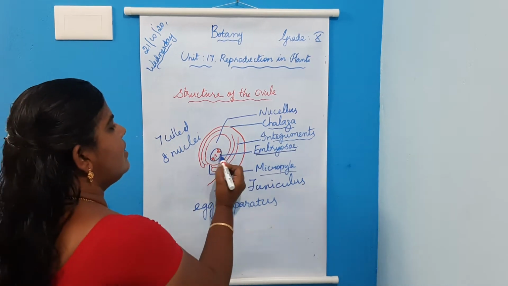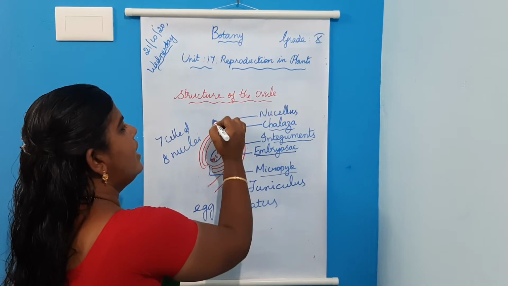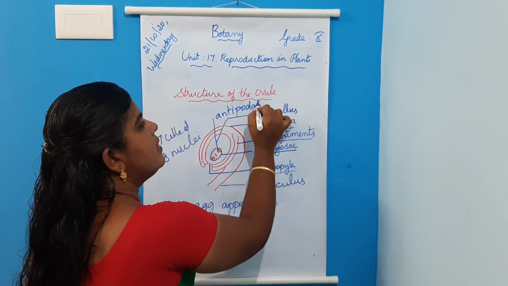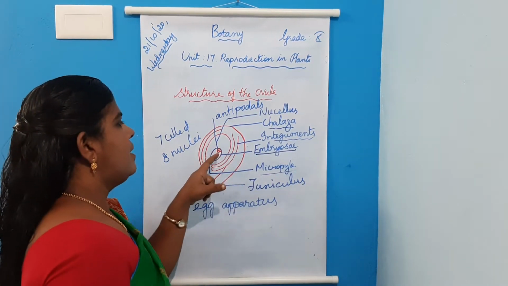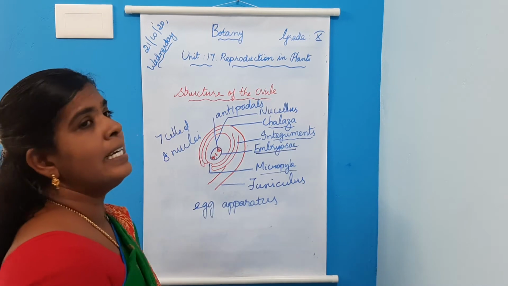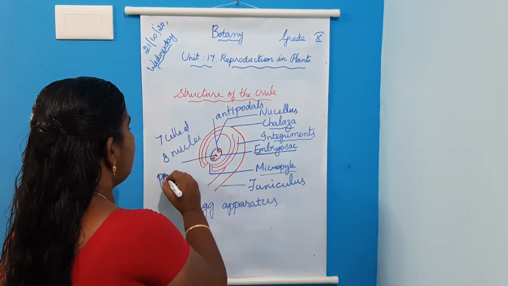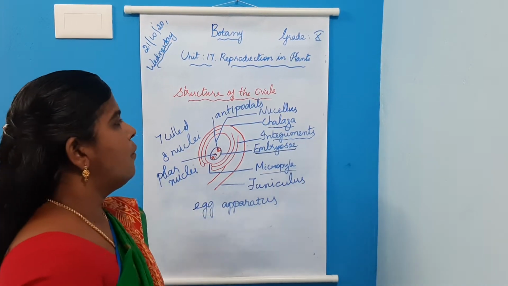Then the 3 cells nearer to the chalazal end are called antipodals. Then the 2 nuclei in the center are called polar nuclei. This is the structure of an ovule.